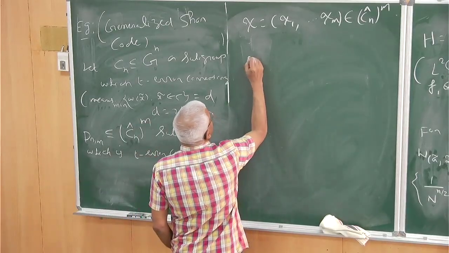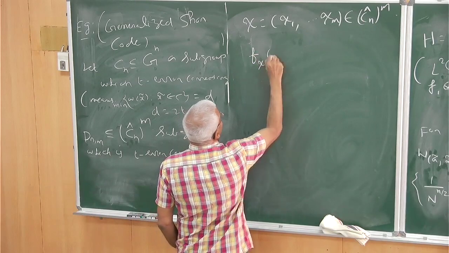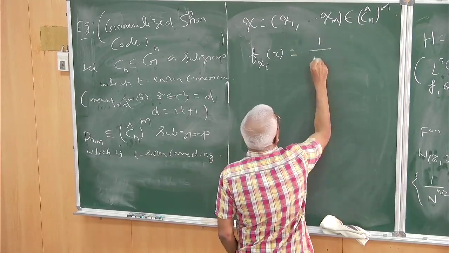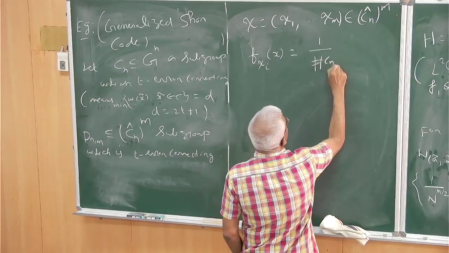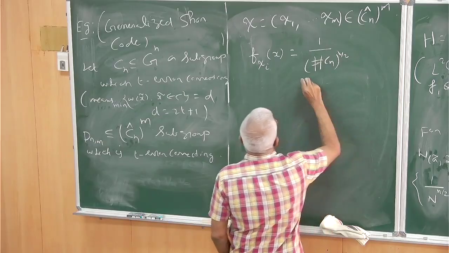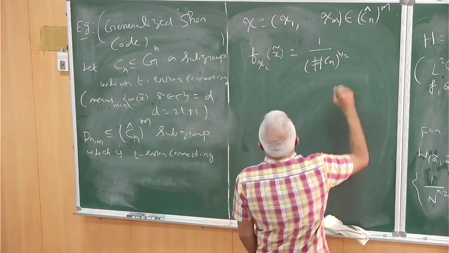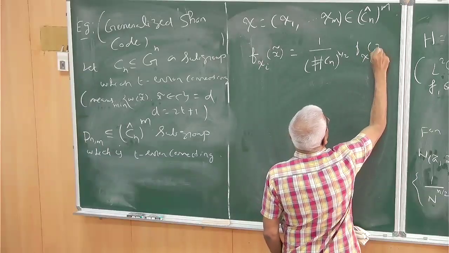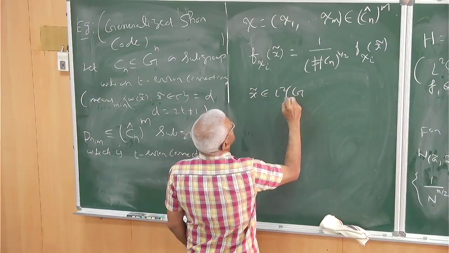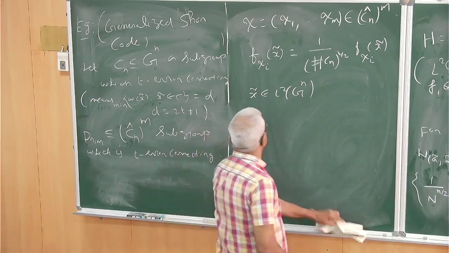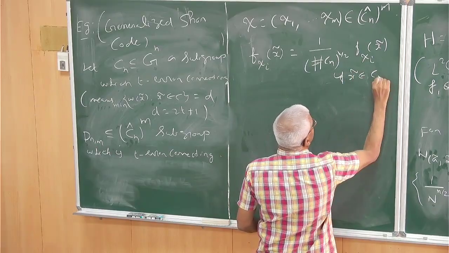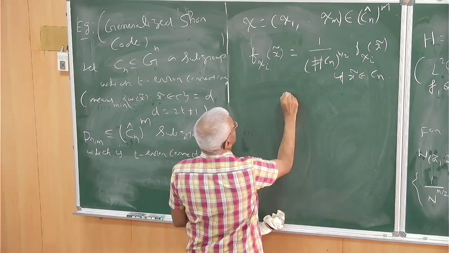Then you define f of chi x. It is just chi x only, but you have to divide it by the number of elements in Cn, or the square root of it, to make the norm 1, because you want an orthogonal system. Maybe I put an x tilde here: f chi x tilde, where x tilde is in Cn, and equal to 0 otherwise.